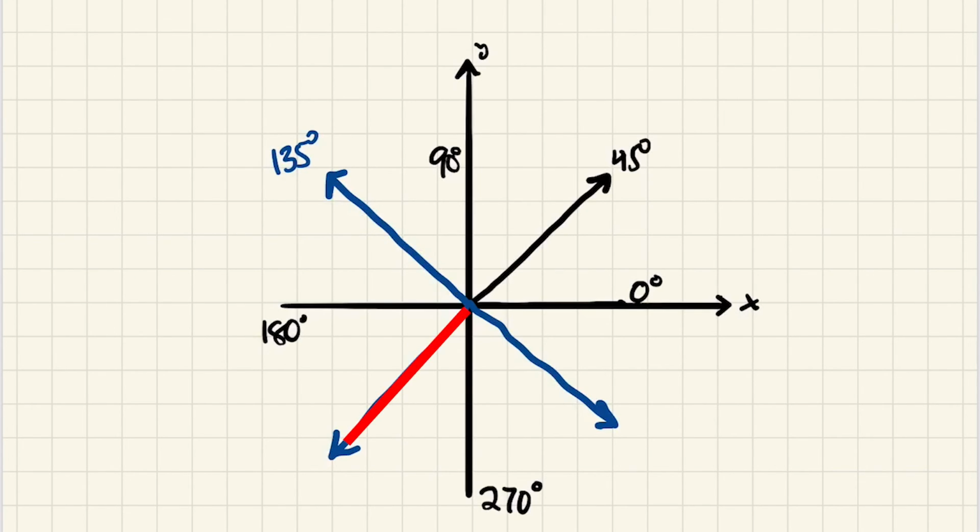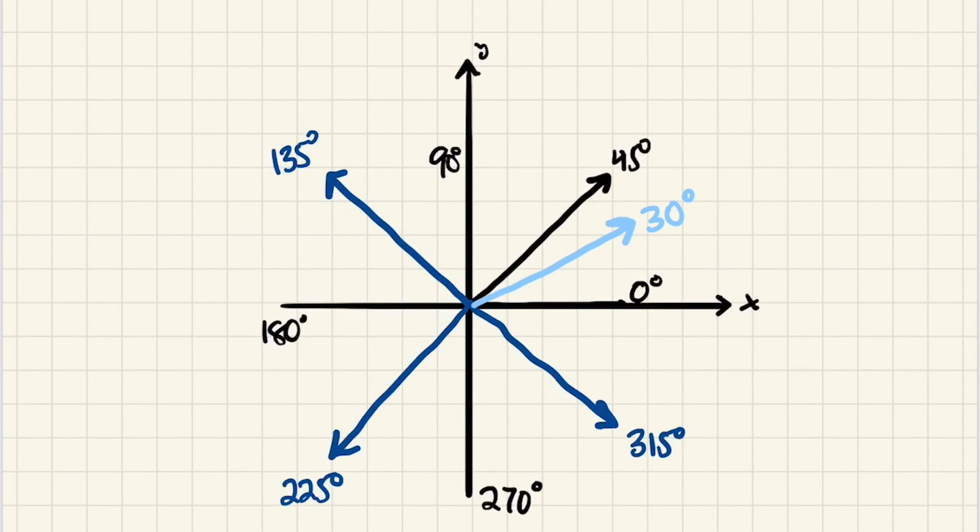In the third quadrant, that's 225 degrees. And in the fourth quadrant, that's 315 degrees. Okay. Using a 30-60-90 triangle, we can determine all the trig function values of 30 degrees.